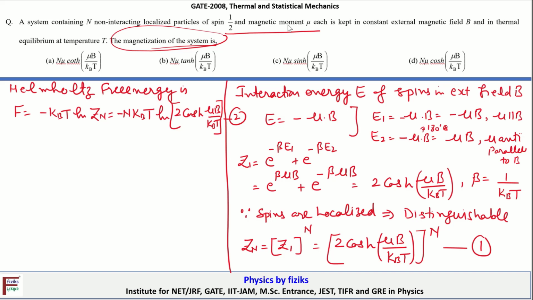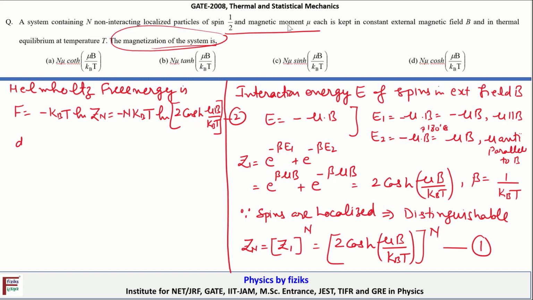Now we want to determine the magnetization of the system. For that purpose I will take you back to the introduction to the thermodynamic potentials, and then we will see how we can determine the magnetization from the Helmholtz energy.